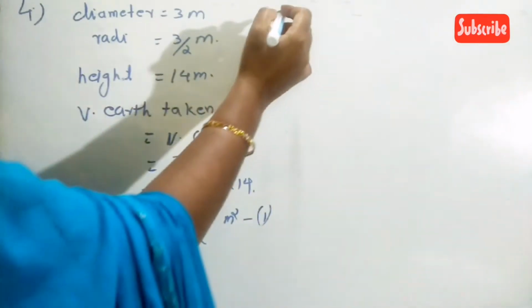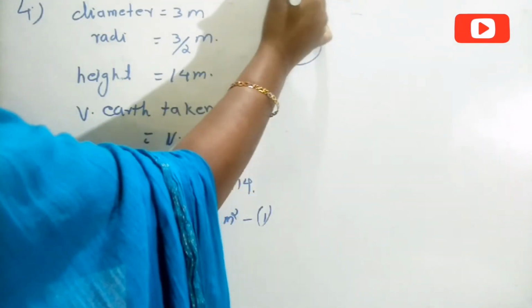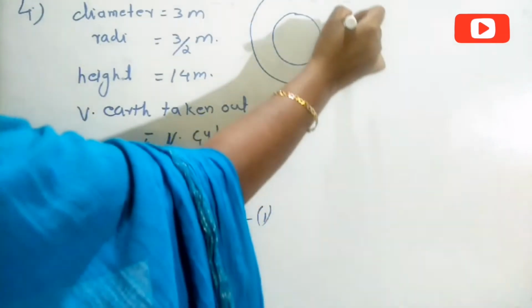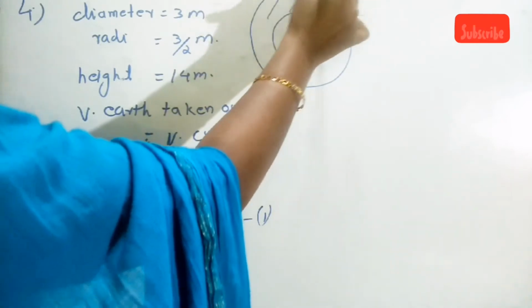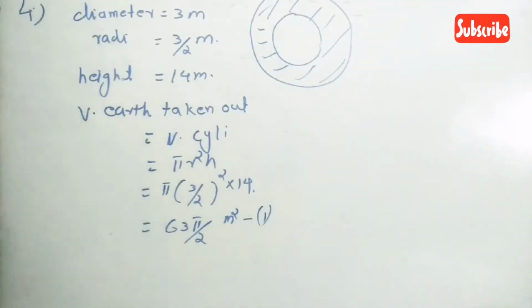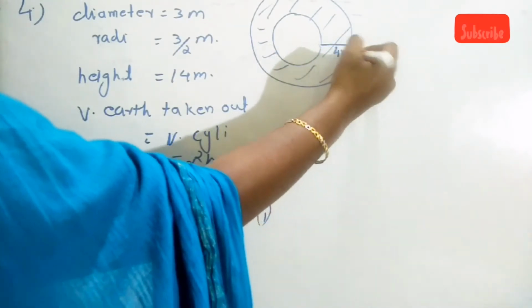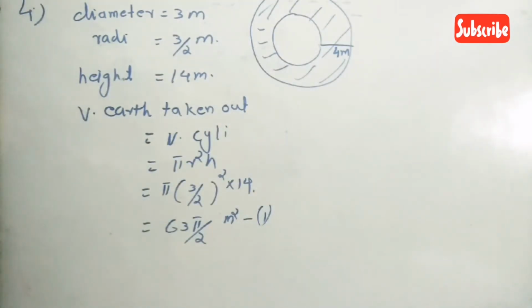Suppose this is our well and we are going to spread that earth. This is our embankment. This shaded portion is the earth, and that is our embankment. The width of that portion is 4 meter. Now we have one circular ring.